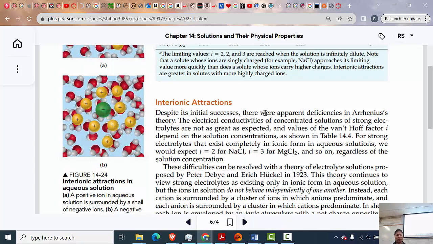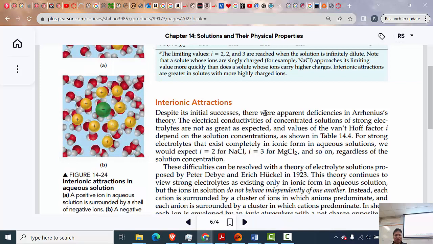Let me read these for you. Interionic attractions. Despite its initial successes, there were apparent deficiencies in Arrhenius theory. The electrical conductivities of concentrated solutions of strong electrolytes are not as great as expected, and values of the van 't Hoff factor i depend on solution concentrations, as shown in table 14.4. I'm not going to talk about the van 't Hoff factor or colligative properties.